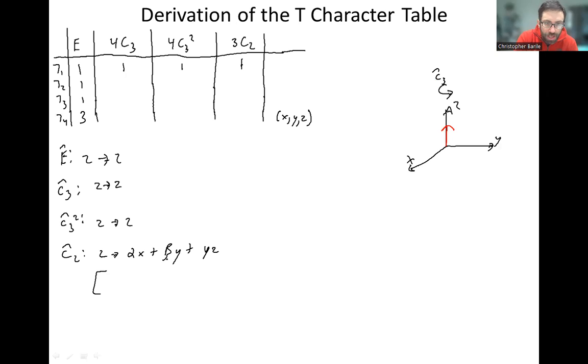And so we actually have to think of a 3x3 matrix that explains this transformation correctly. And then the trace across this 3x3 matrix is going to be our answer for the character. That's a hard one to do. I do it in the TD character table derivation videos.